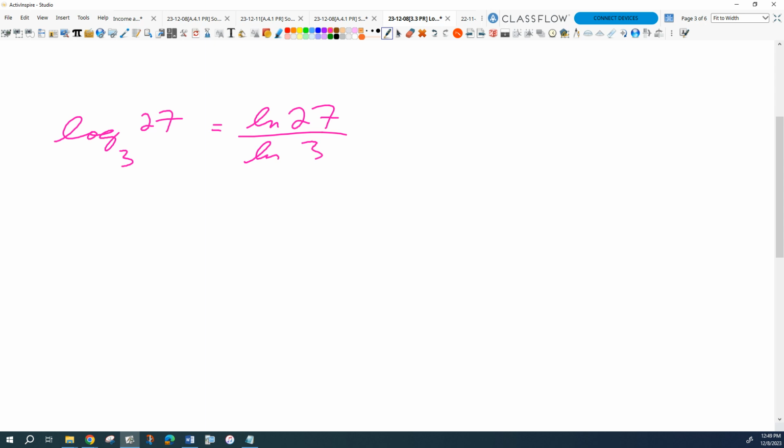And those are keyboard log functions on any calculator or Desmos or whatever. There's not going to be a key for the base 3 log of something. Nobody ever uses that, right? We use base 10 log and base e log primarily. But I can always take any base log I want and find its value using technology by just breaking it up that way. Okay, make sense?